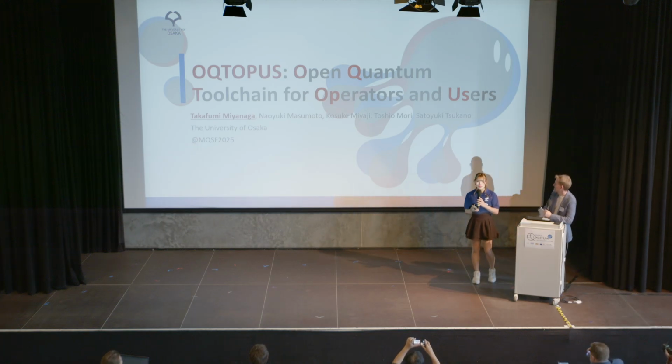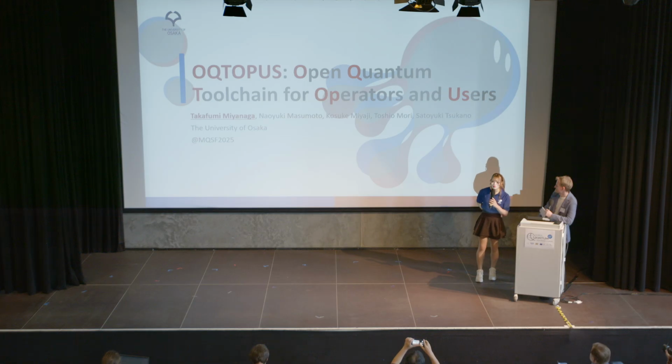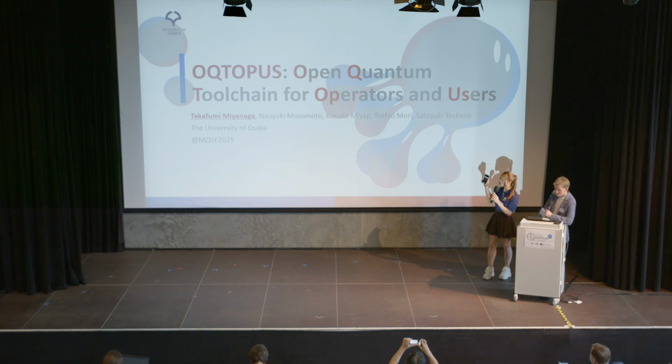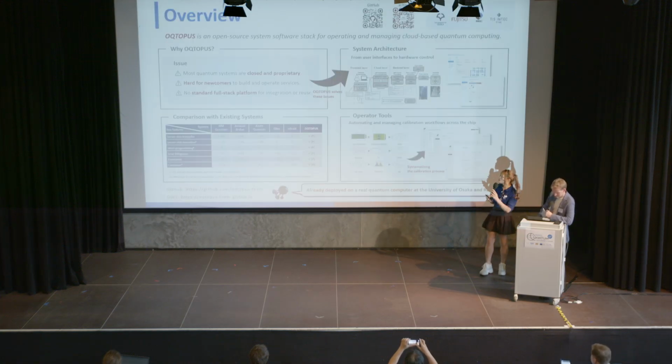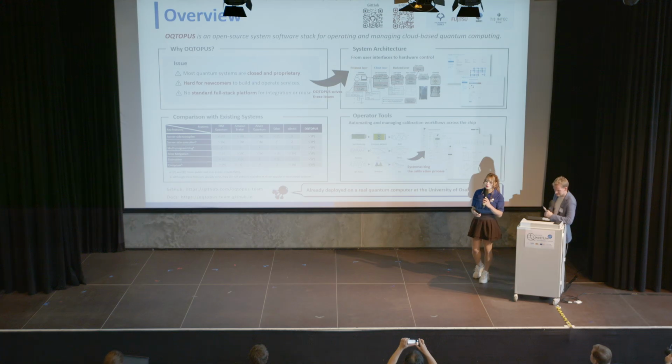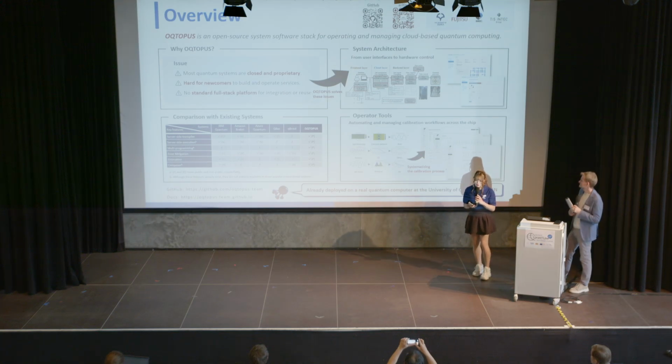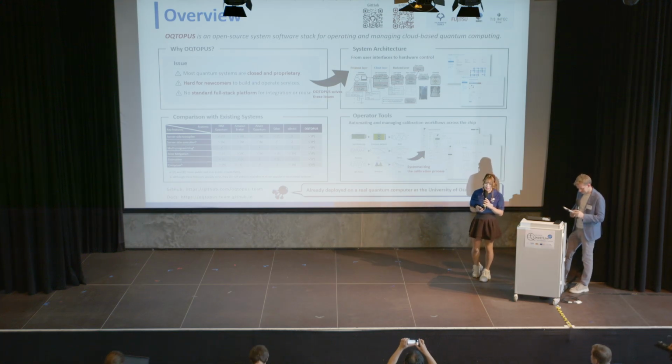I'm Kosuke from the University of Osaka in Japan. Today, I'll introduce Octopus. You can think of it as an operating system for the cloud-based quantum computing platform. Suppose you decided to build your own quantum platform, like IBM or Amazon Braket.